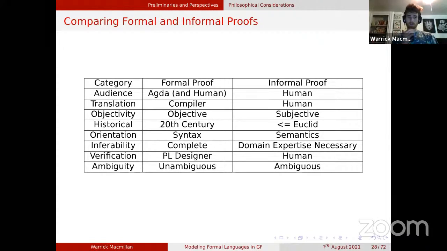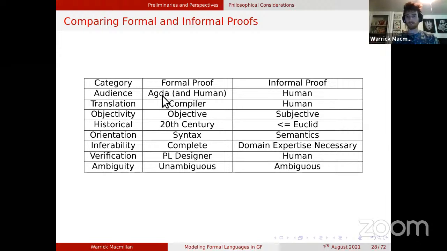So let's talk about informal and formal proofs. We have a table with comparisons of the different categories or dimensions in which you can compare them. A formal proof is checked by both a programming language and a human, or a logic; it doesn't have to be evaluated by an actual computer.